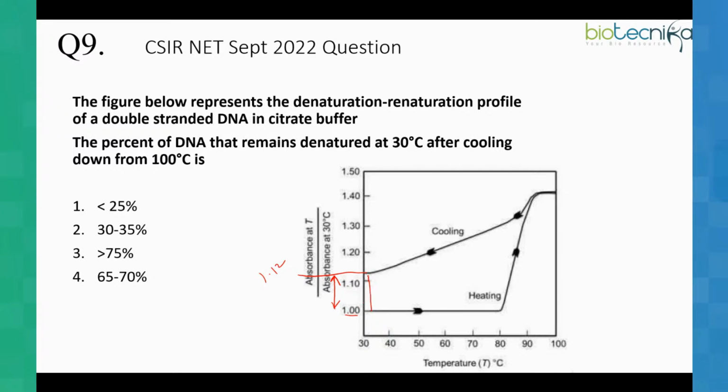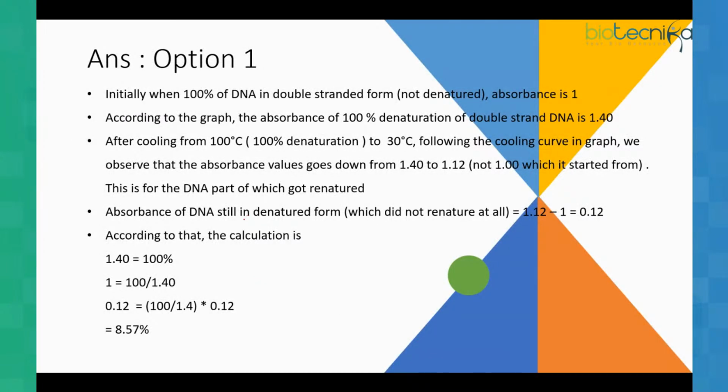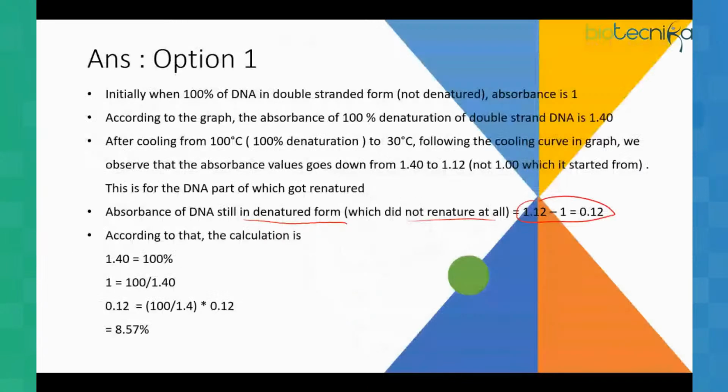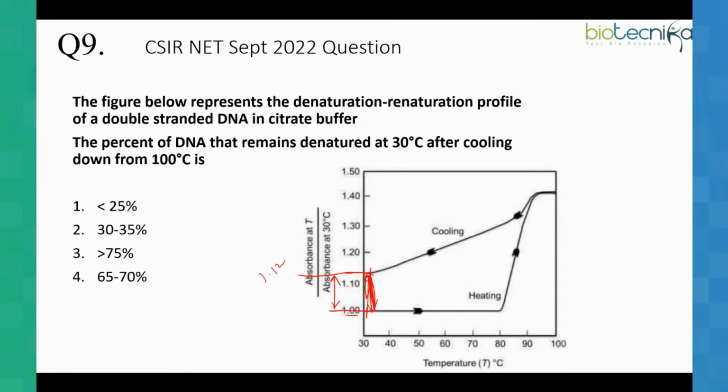This is the part we need. How much is the difference? You want to know this much. That is the absorbance of DNA still in denatured form, which did not renature at all. This much portion is still denatured. So that is 1.12 minus 1, which is 0.12. According to that calculation, because this one is 1, that's why.